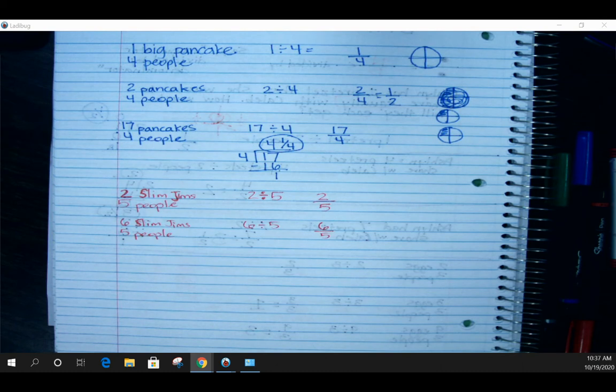And now what do I have to do? Now I'm at a point in my 14th year of teaching that I can say 5 goes into 6 one time and 1 left over.